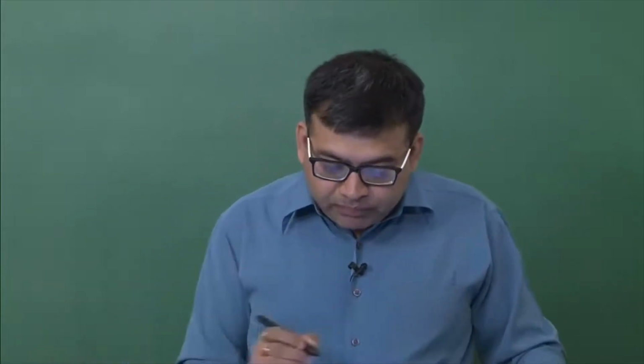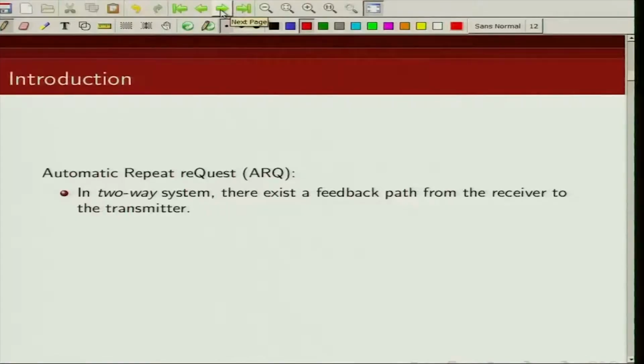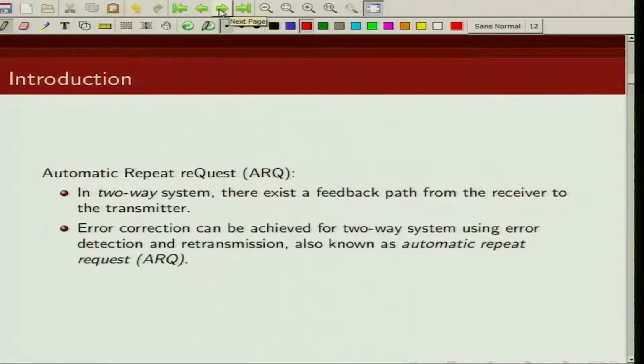So in a two-way communication channel, there exists a feedback path from the receiver to the transmitter, and the schemes that we use for such channels are known as automatic repeat request, also known by the acronym ARQ.